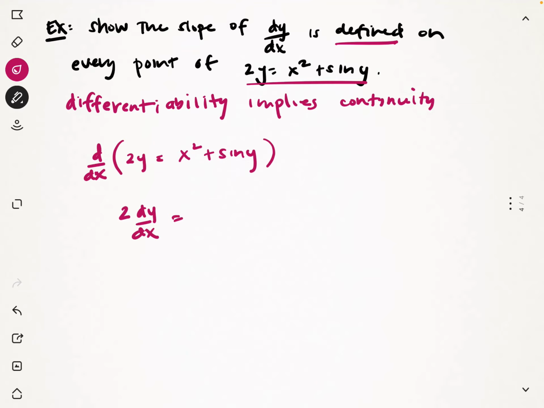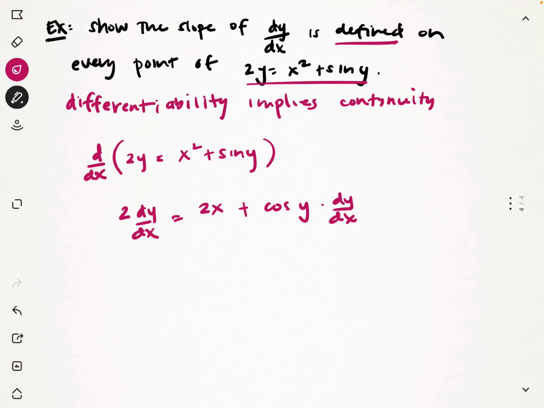The second part, x squared, is going to be 2x. We don't need to add anything to that, because we're deriving with respect to x. We don't have to do any chain rule on that. But the last one is going to be cosine y dy/dx. And again, it's because we have the y as our variable, not our x.